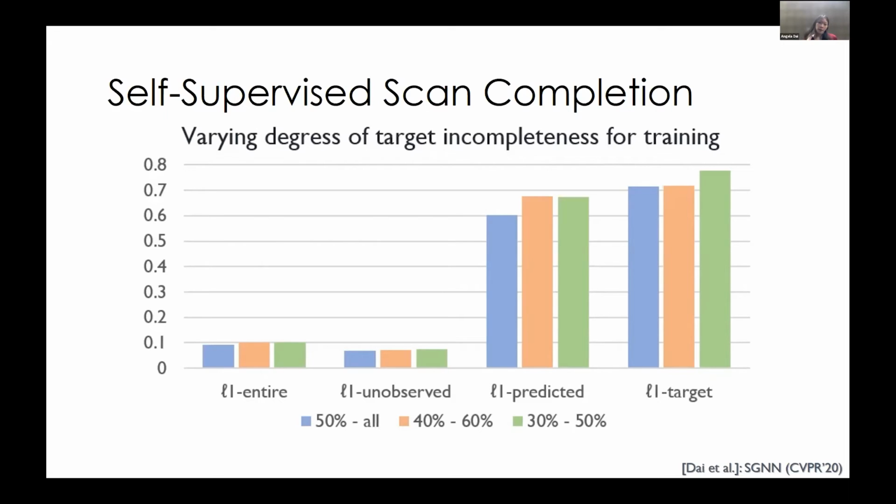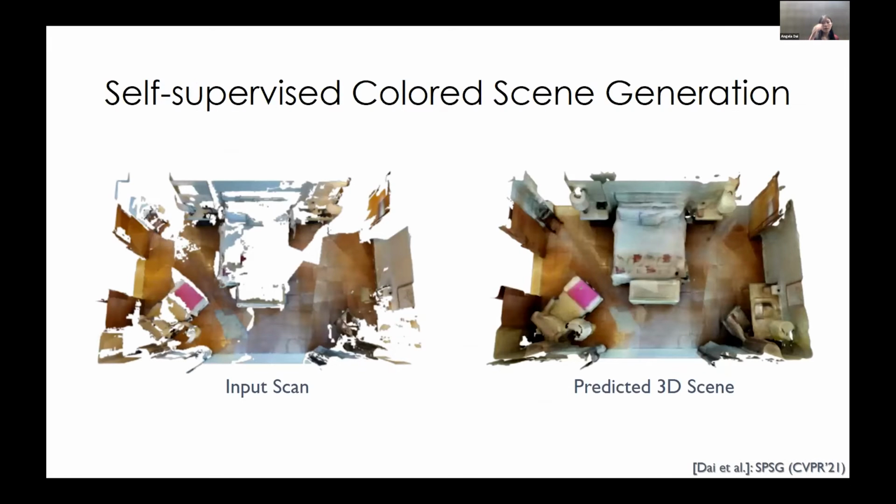But of course, here we've only been talking about geometry, but we do also have the RGB channel in the observations here. And we want to be able to produce colored reconstructions that can be consumed visually and represent the color observations that have been seen.